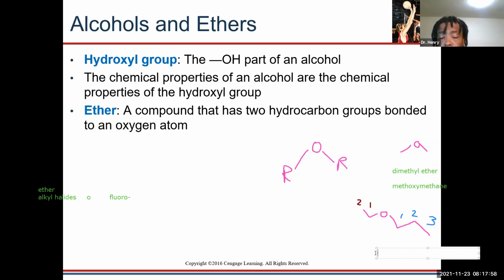The IUPAC way, this guy would be called ethoxypropane, because that's eth, 1, 2 carbons, and then 1, 2, 3 for propane.